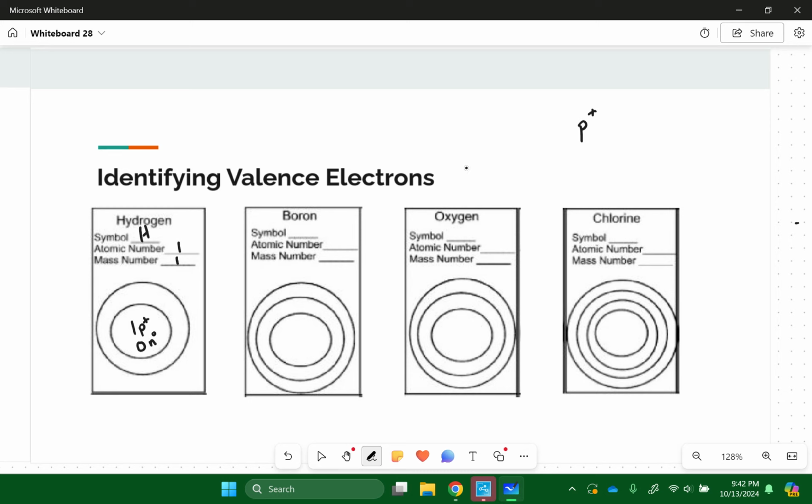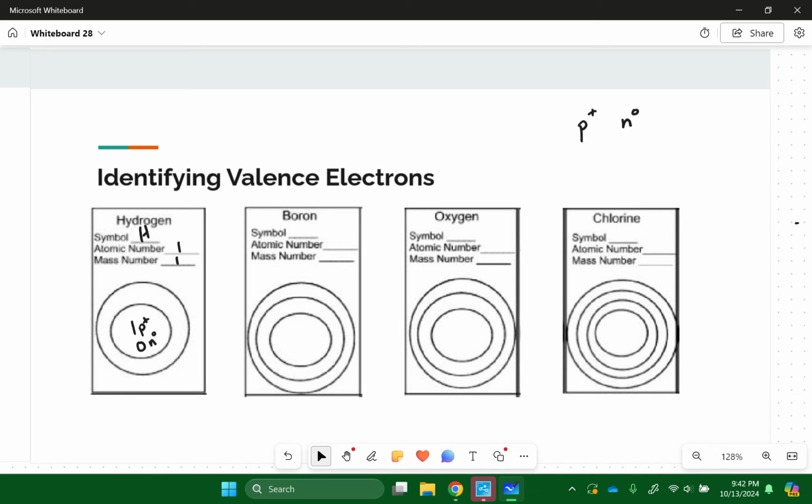We write neutrons like this with a lowercase n with a 0 in the top right corner. So it's got 1 proton and 0 neutrons. And we know that from the mass number. Remember, you find the neutrons by taking the mass number and you subtract the atomic number. 1 minus 1 is 0.